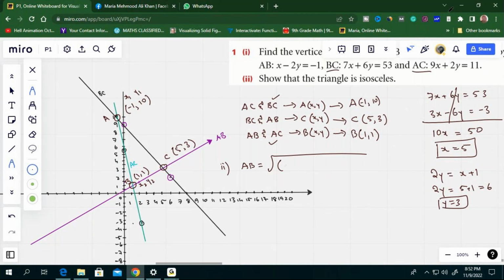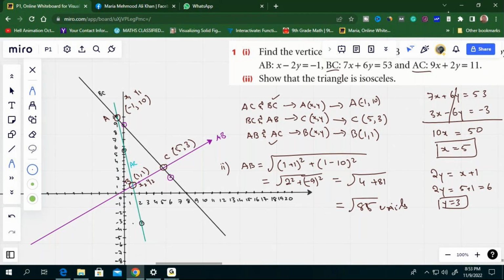So it is giving me (1 plus 1) whole square plus (1 minus 10) whole square. So it is giving you 2 square plus 9 square. So it is giving you 4 plus 81. So it is giving you root 85 units. This is the length of your AB line.